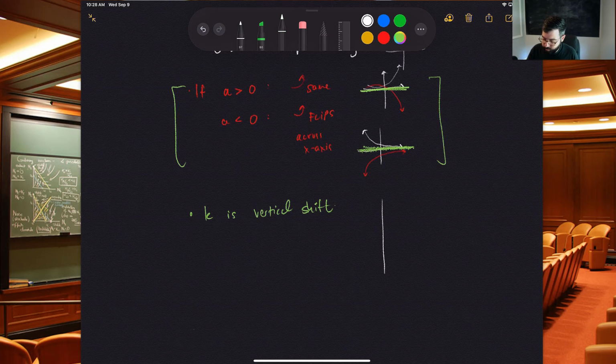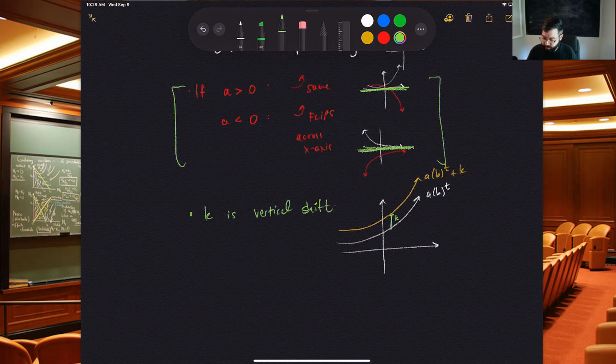So if I have just, let's say this is my a b to the t, and then I add some k, whether k is 5, now what that's saying is that this distance here is k.